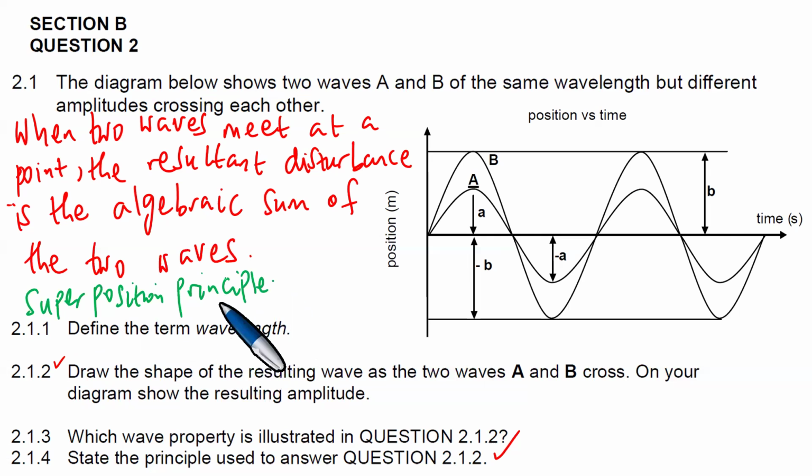This superposition principle says when two waves meet at a point, the resultant disturbance is the algebraic sum of the two waves. So here they meet.